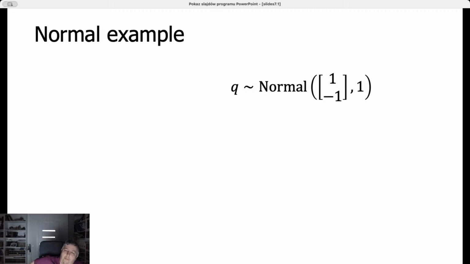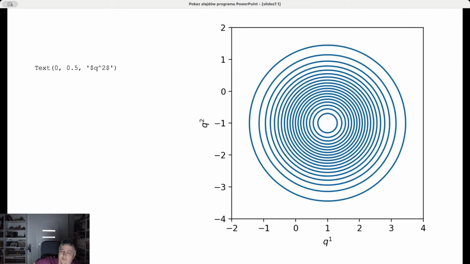Let's start with a normal example. In this example we have a diagonal covariance matrix and a mean at (1, -1). It looks like this: a probability distribution centered around the point (1, -1) with perfect circles as its contour plots.